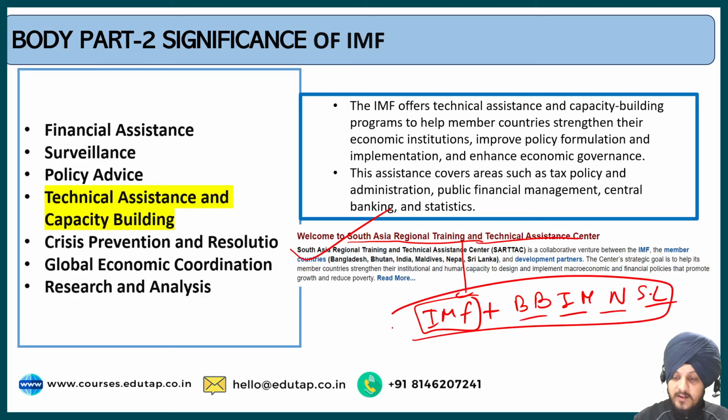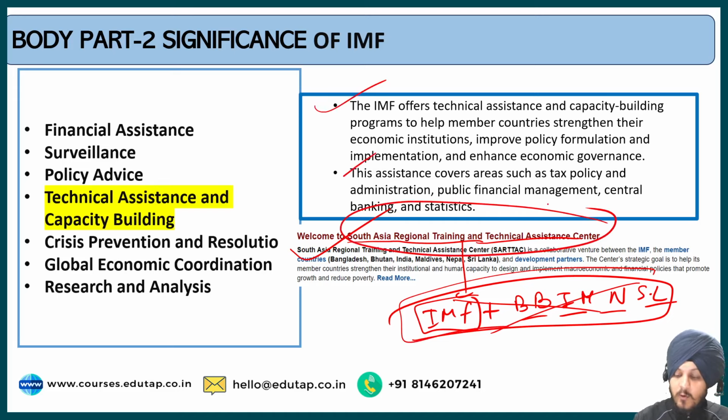So this you can write as an example. You don't have to mention all these nations, otherwise the point will become too lengthy. What you can do is write this explanation part, and then write the name of this center that was established with the help of IMF technical assistance, and it can be a good example of that. So I hope you got the point.